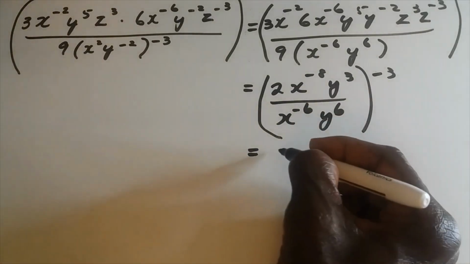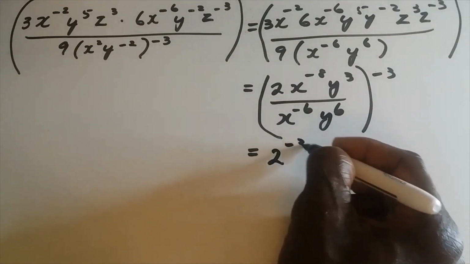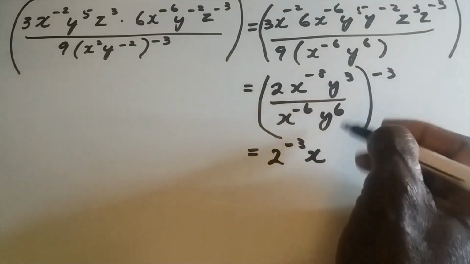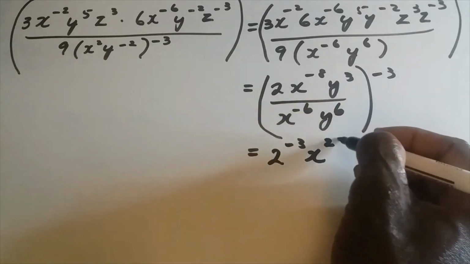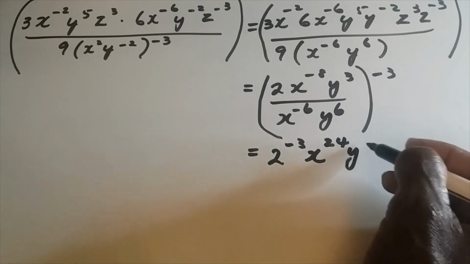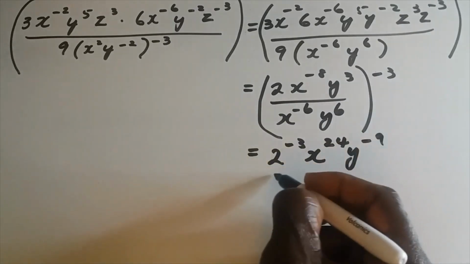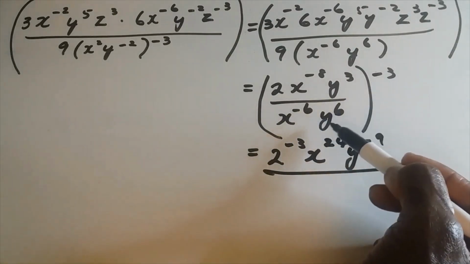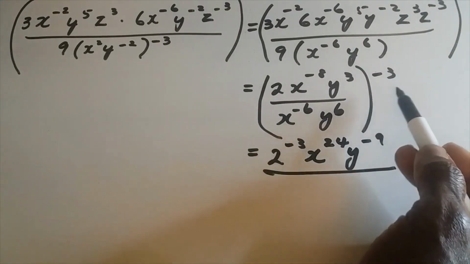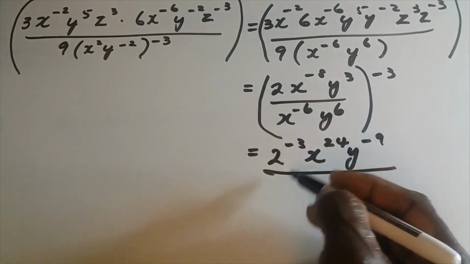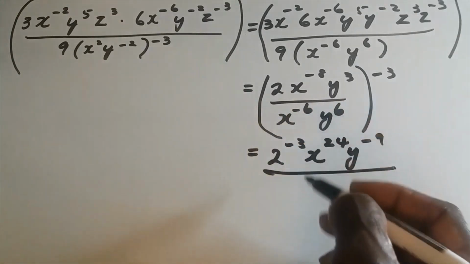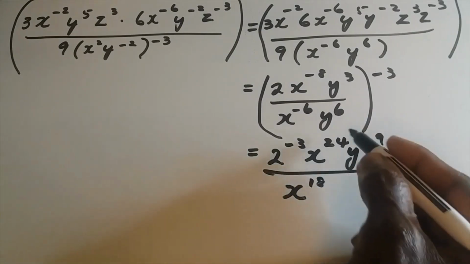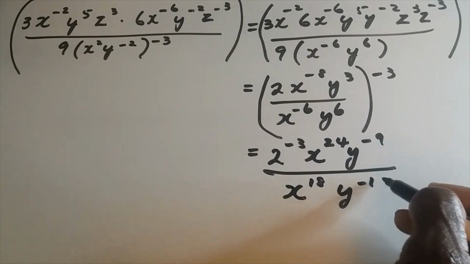So we have 2 to the negative 3, x to the negative 8 times negative 3, which is 24, and y to the minus 9. This means we're also raising whatever's in the denominator to the negative 3 power. So this becomes 6 times 3 is 18, positive 18 that is, and this is y to the minus 18.